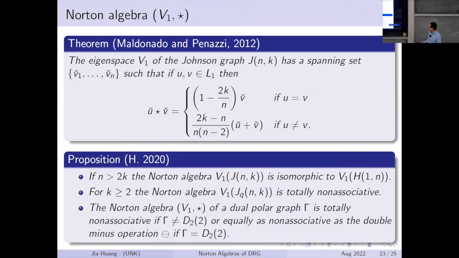But when n and k are greater than or equal to 2, the Norton algebra V1 of the Grassmann graph J_q(n,k) is totally non-associative. And also for the dual polar graph, the Norton algebra V1 is totally non-associative as well, except for just one exceptional case, D_2(2). In that case, it is the double minus operation again.